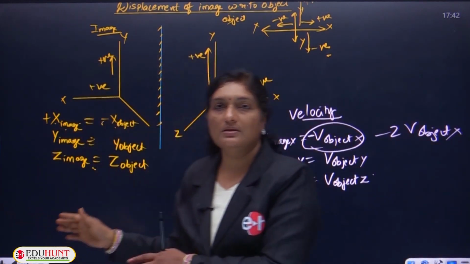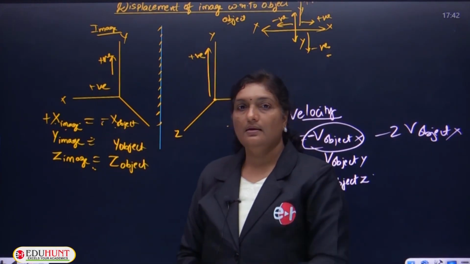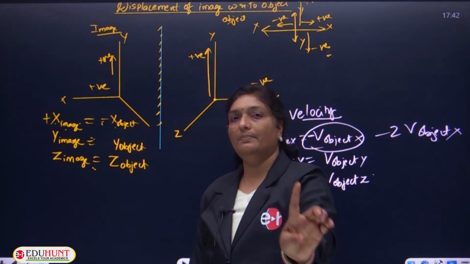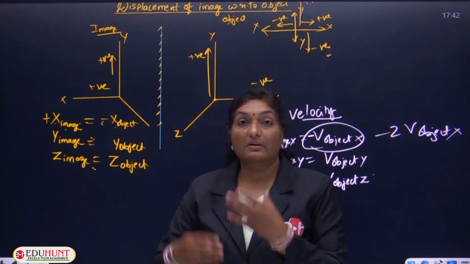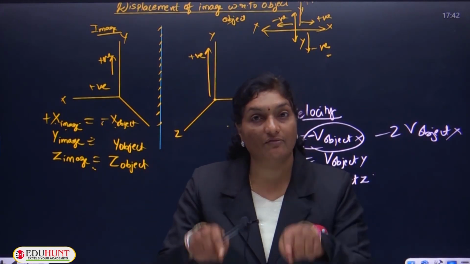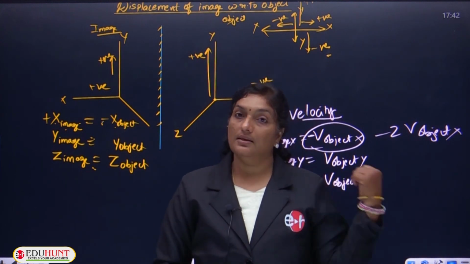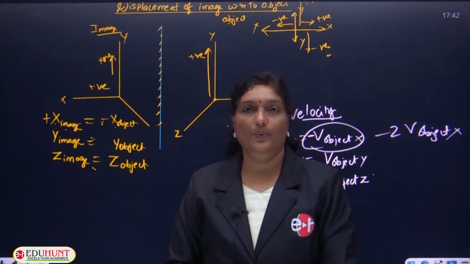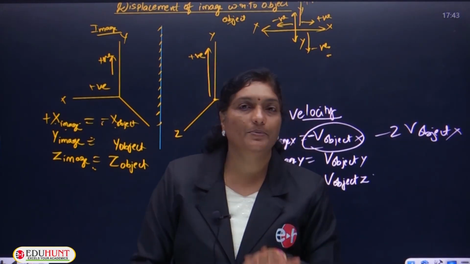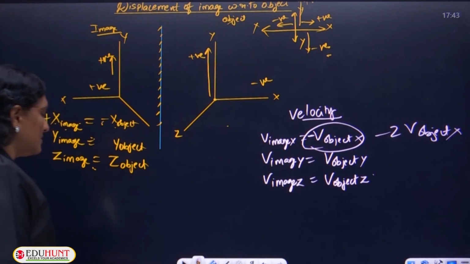So the first concept I have explained is that with respect to the stable mirror, the velocity is minus v. But with respect to the moving observer, the speed will be double that, minus 2v. I hope you got clarity regarding all the concepts on this.